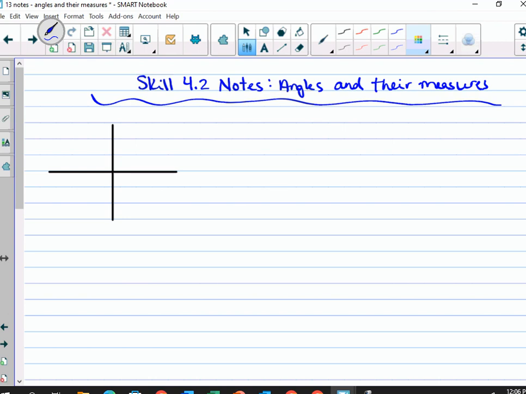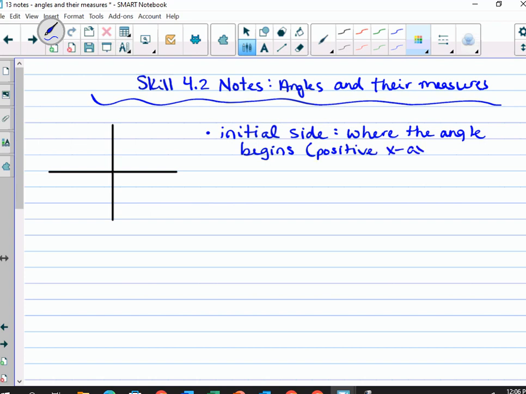All right, first definition is the initial side. So we're talking about an angle here. The initial side of your angle is just where the angle begins. So for everything we're going to do, that's going to be on the positive x-axis.